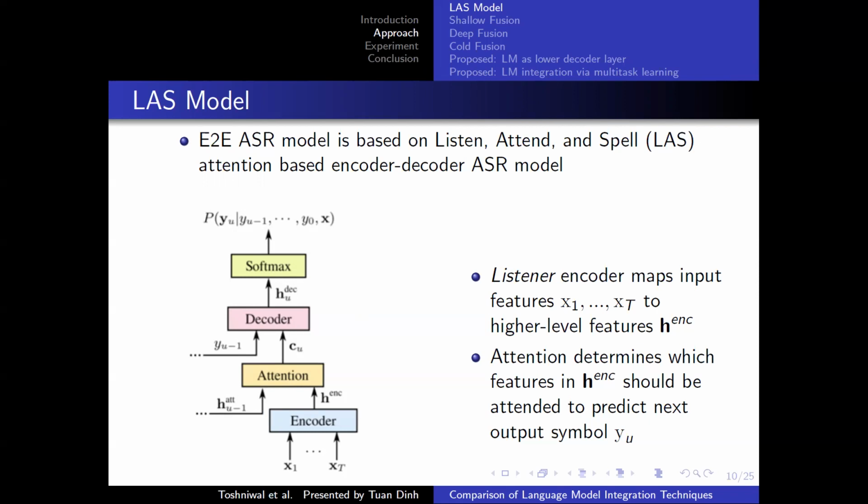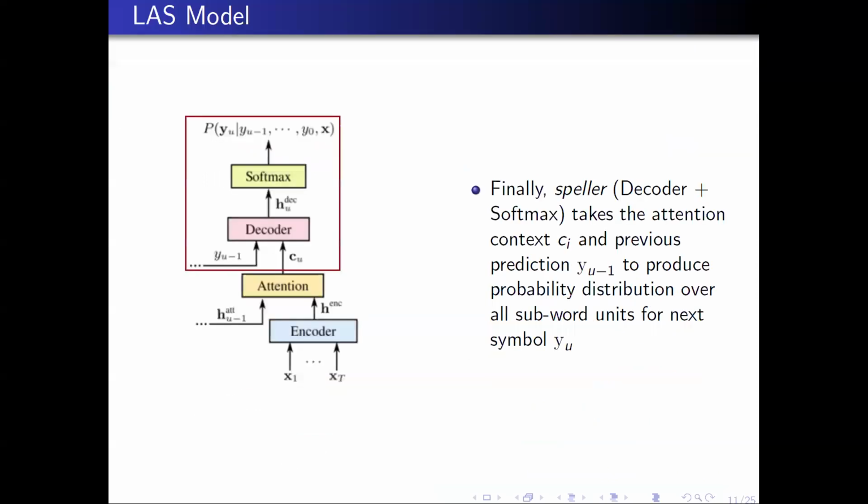The attention determines which feature in h should be attended to predict the next output symbol. Finally, the speller or decoder and softmax takes the attention context c and the previous prediction to produce a probability distribution over all supported units for the next symbol.